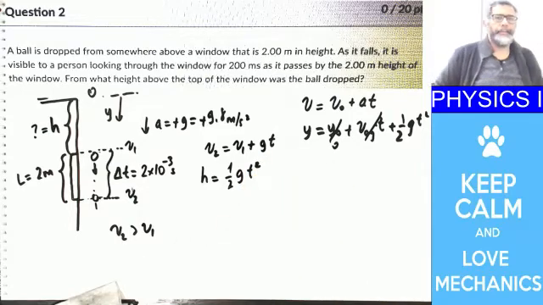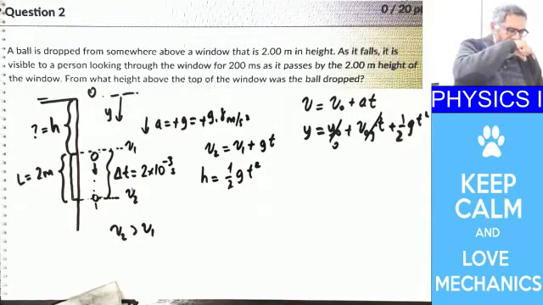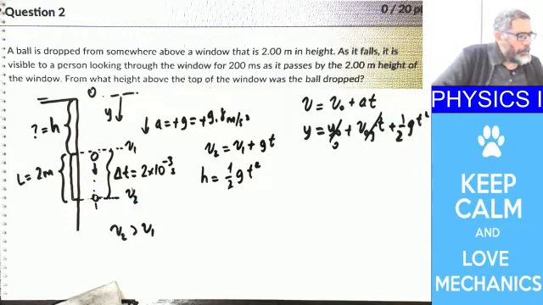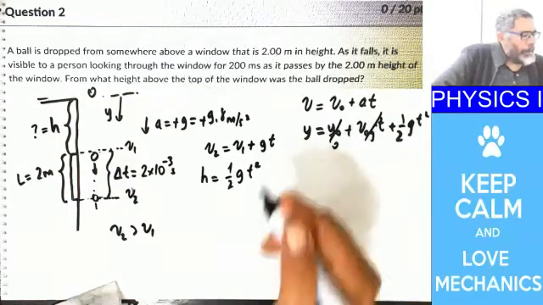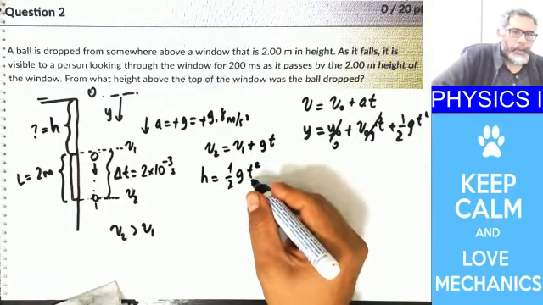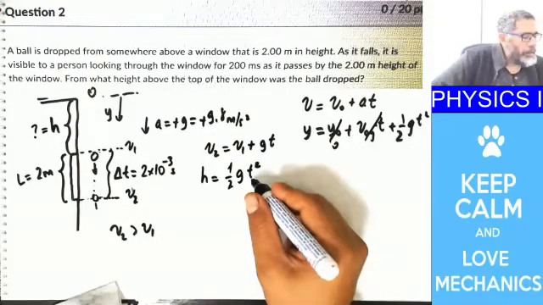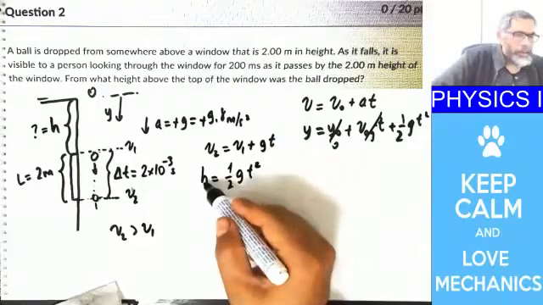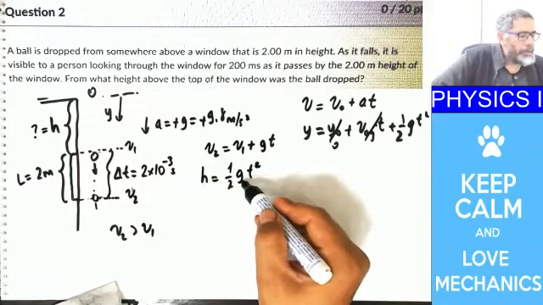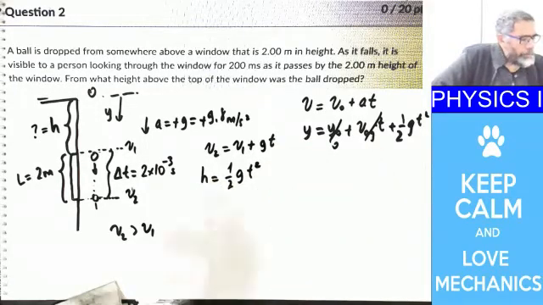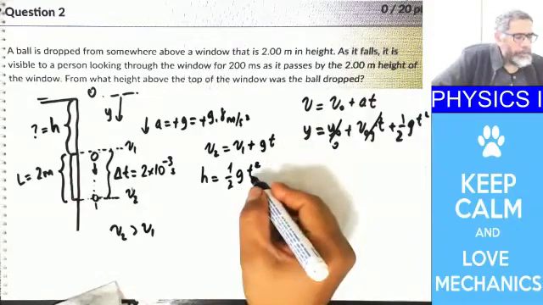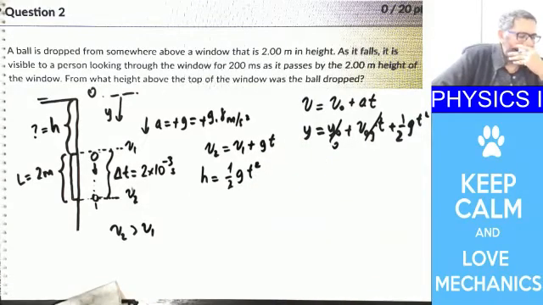All right. So what is this time t then? If I knew what this time is, then I could just calculate h because I know g is 9.8. How can I find this t?